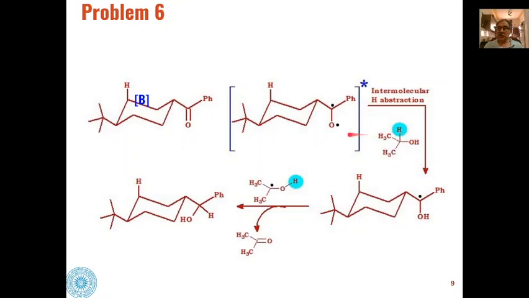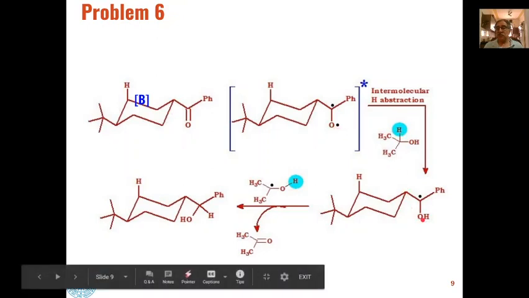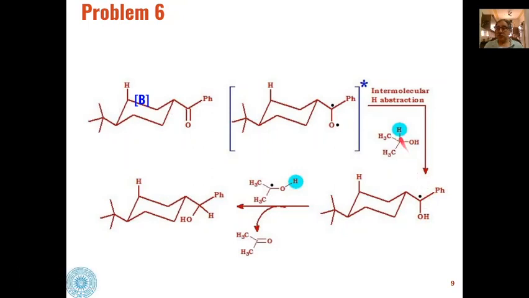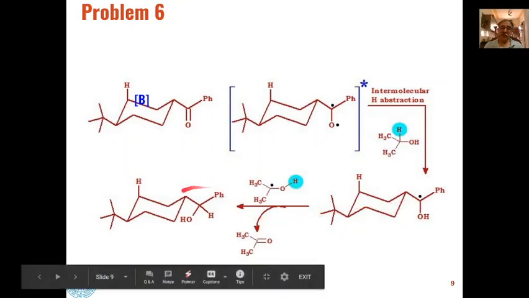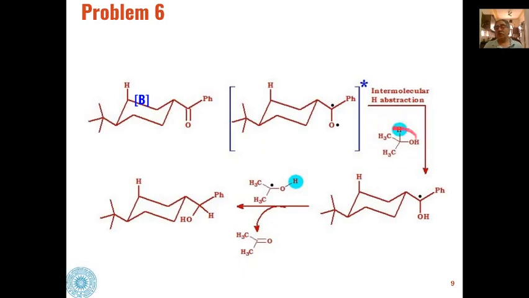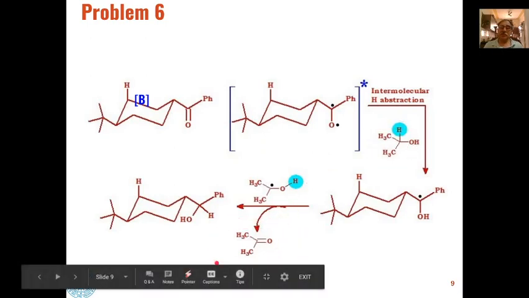And this H radical gets attached to this oxygen, so we will have this free radical. Then when H radical is removed, that means this will be the radical remaining. Then again one more H is shifted from the OH to this place, and we will get this type of alcohol as the product, and isopropyl alcohol will be converted into acetone.